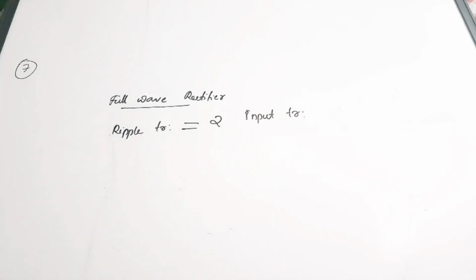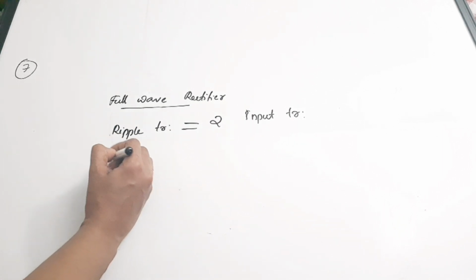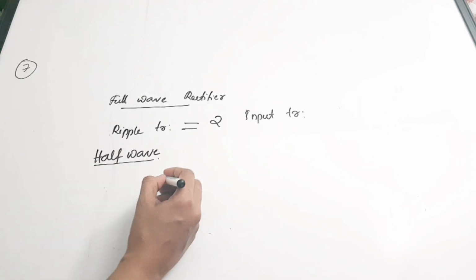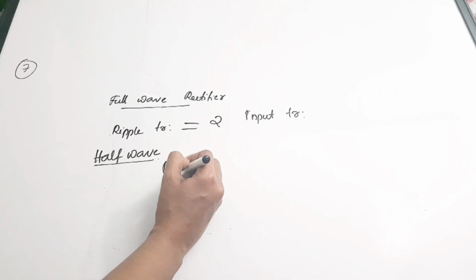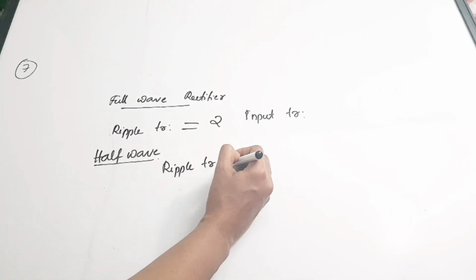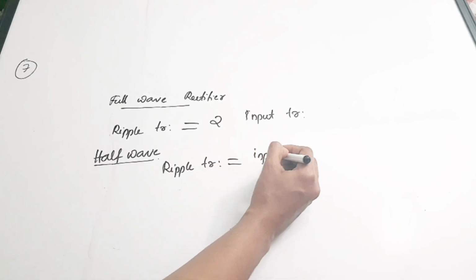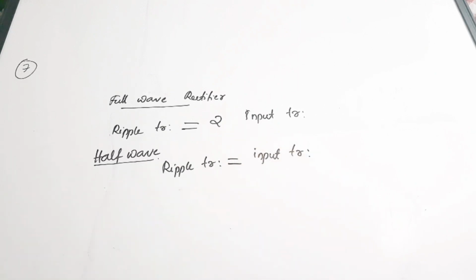Okay, so this is the relation. And for half wave rectifier, your ripple frequency is equal to the input frequency. It is the same as your input frequency. Please note these equations. It is very useful.